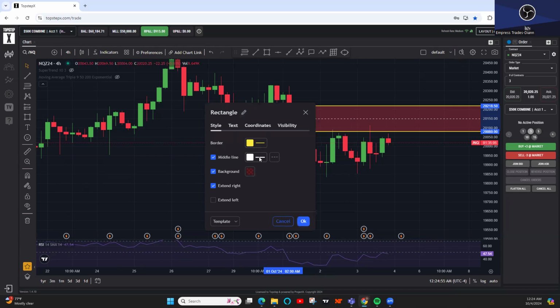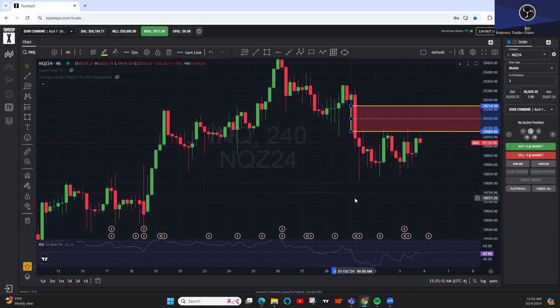I keep the middle line so that I know where the 50% of the gap is located. And I also keep my extend to the right because this is going to map out my charts for future trades.